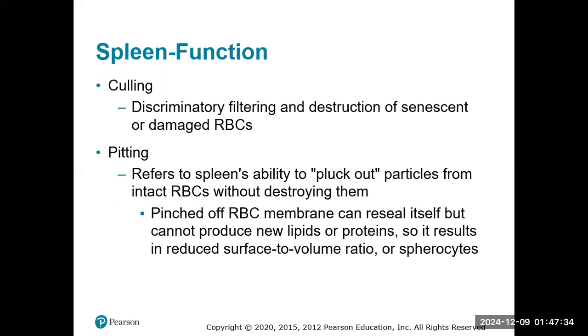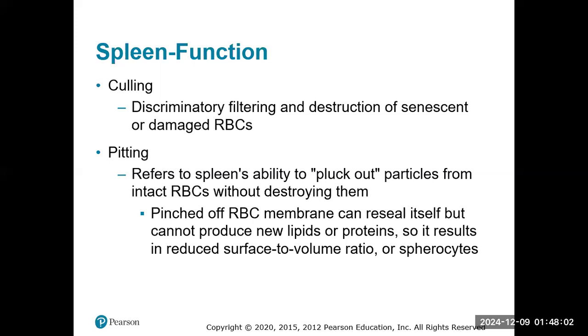One of the things I just mentioned, culling, is a term where the spleen takes out either the senescent, which are the old red cells, or red cells that have been damaged. And then it also does something called pitting. Pitting is where, if there are any particles left inside a red cell, the spleen can remove them without destroying the red cell.